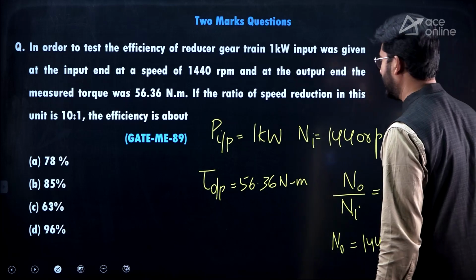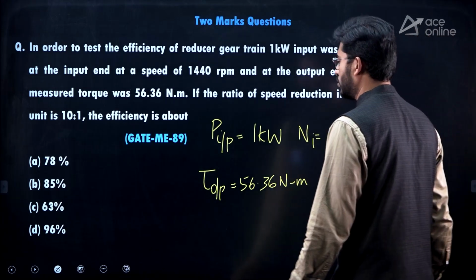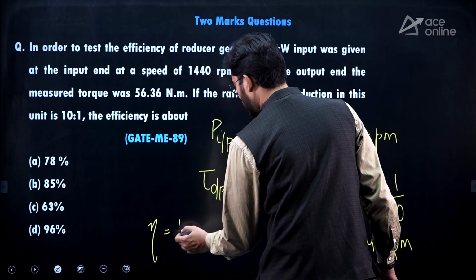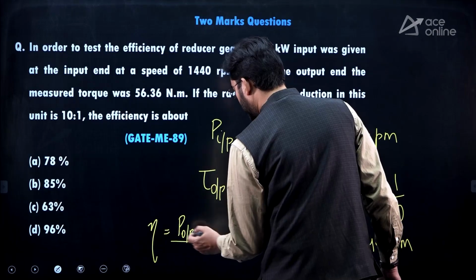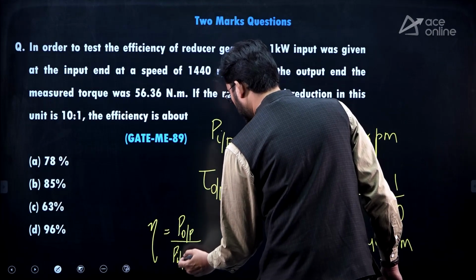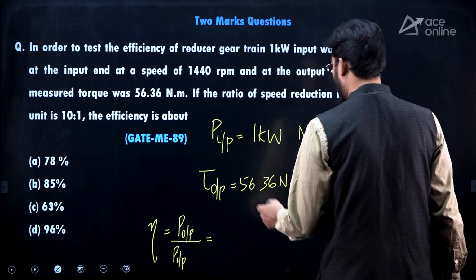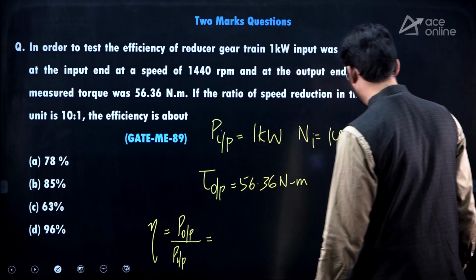Okay, and the power given is 1 kilowatt. So efficiency will be equal to power at output divided by power at input. So the torque is given. Power will be 2 pi N T by 60,000.